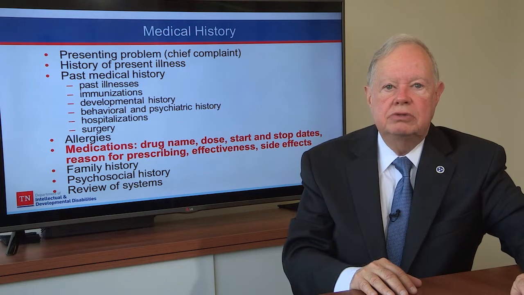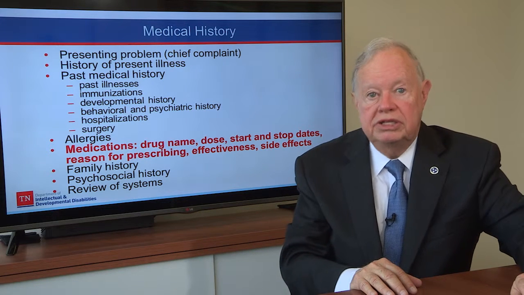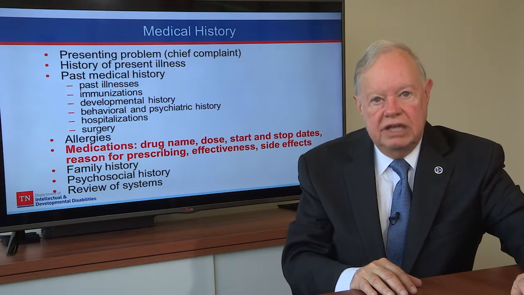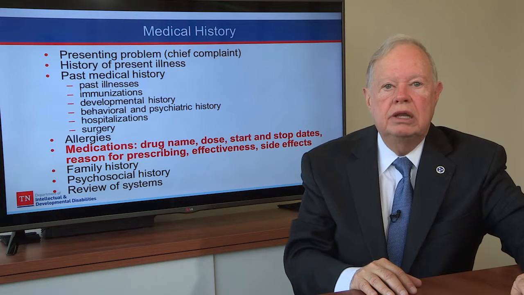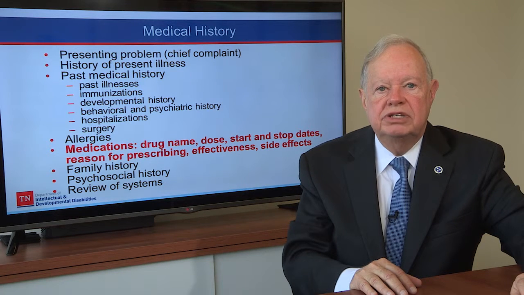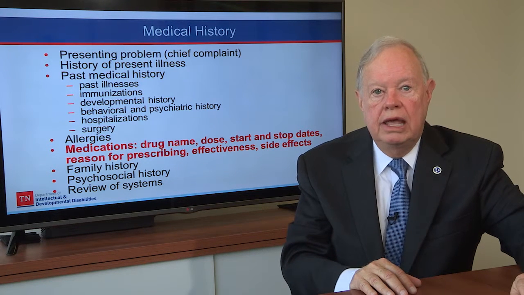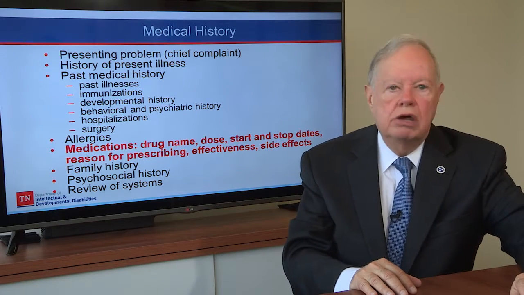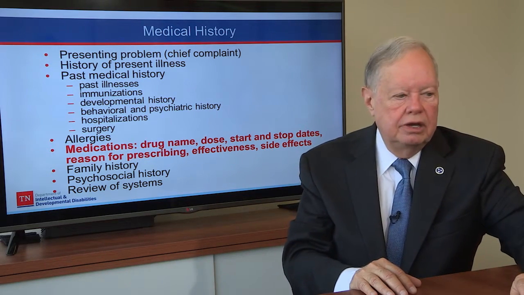But if somebody says, well, they were tried on, for example, this antidepressant for 2 weeks and it didn't work, that's helpful information, because we know that many antidepressants will take 6 weeks or more to become effective. So that was not an adequate trial, and it might be an appropriate drug to use. So that's why the detail is very helpful.